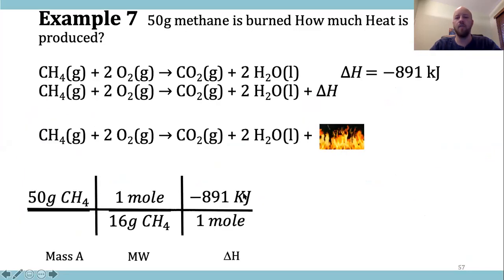The delta H here is per mole in the balanced equation, or, as brought up last time, it'll tell you the value is kilojoules per mole. If there's a balanced equation, you should check it. If it doesn't give you a balanced equation, it'll tell you it's 891 kilojoules per mole, so you wouldn't need to use that.